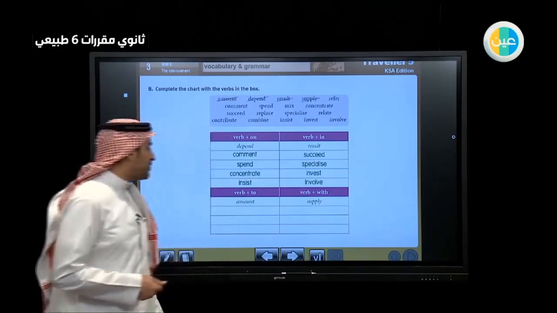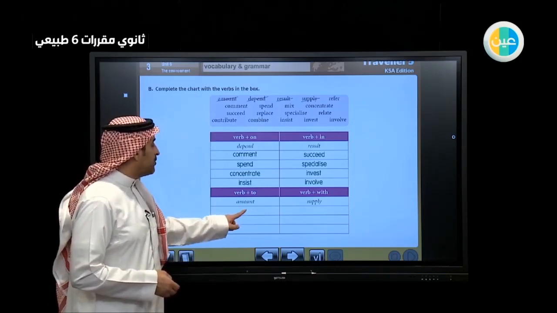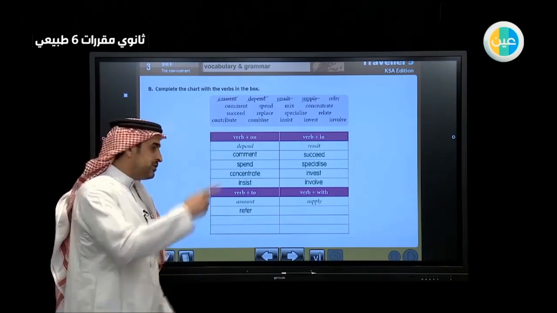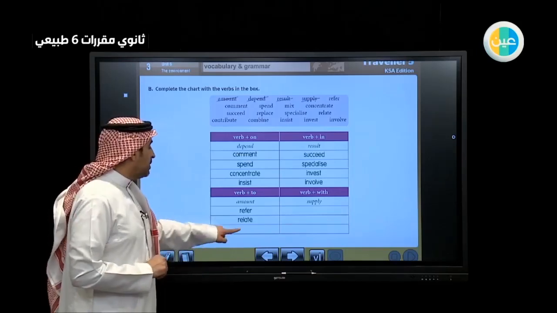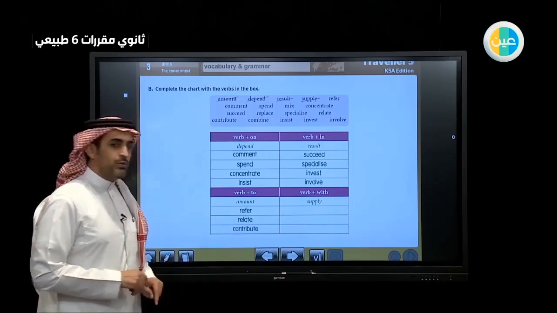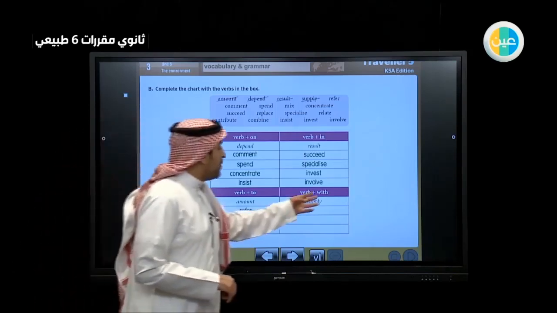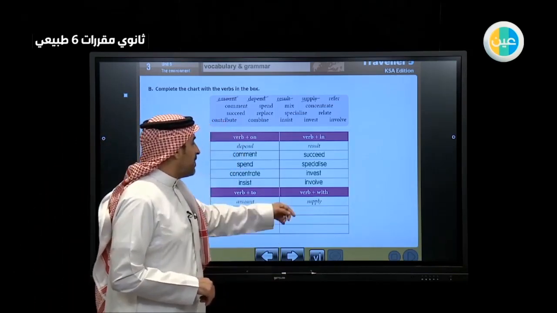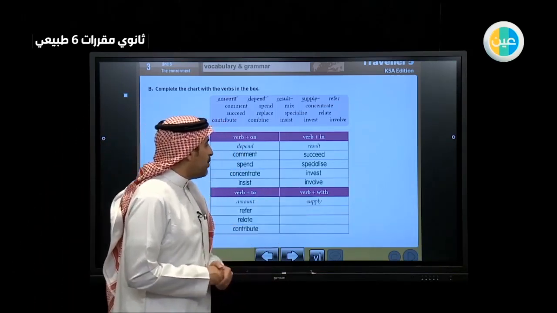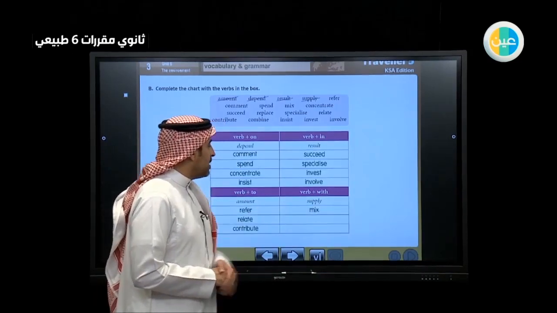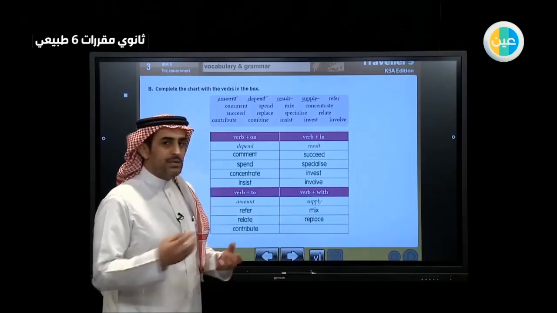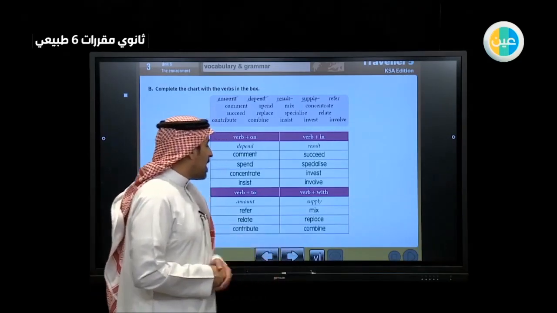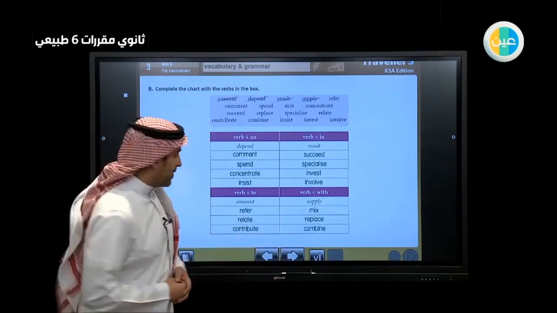Verbs with to: amount to, and we can say also refer to, related to, and contribute to. Verbs with with: supply with, and we can say mix with, replace with, and combine with.